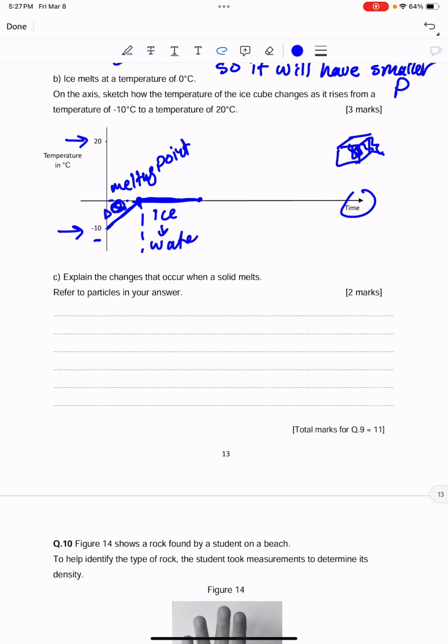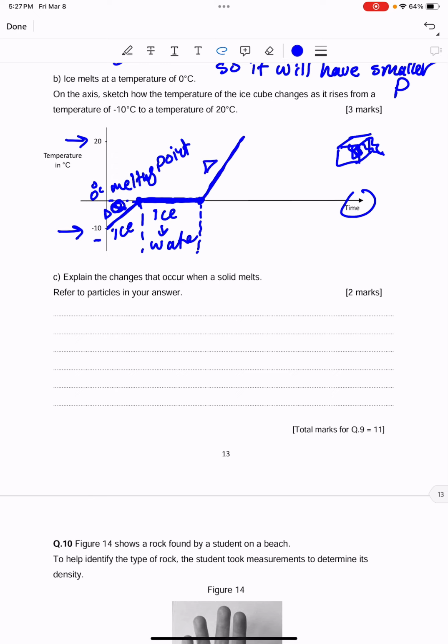Now here it's all ice, just rising the temperature. Here it starts to melt and there's no temperature rising here. You see, this is 0 Celsius, but the time is going and no rising in temperature until one point where all of the ice becomes water, and then again we will witness rising in temperature with time.